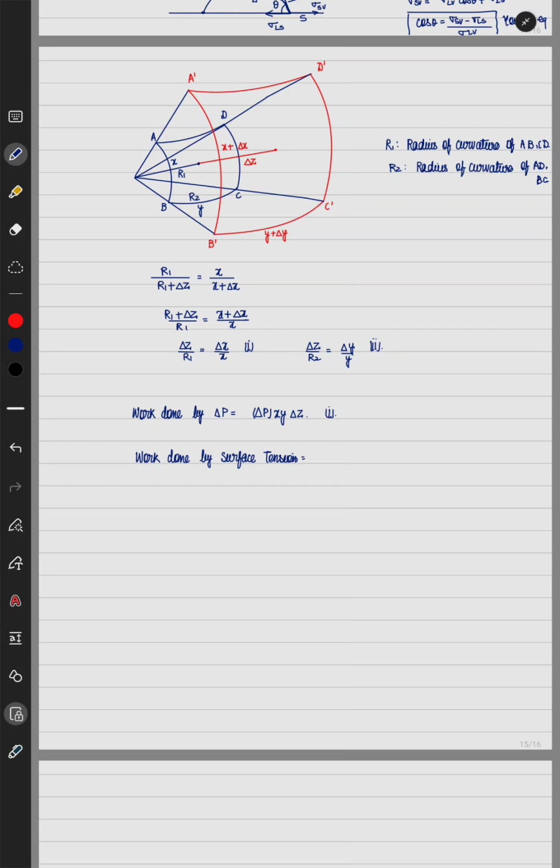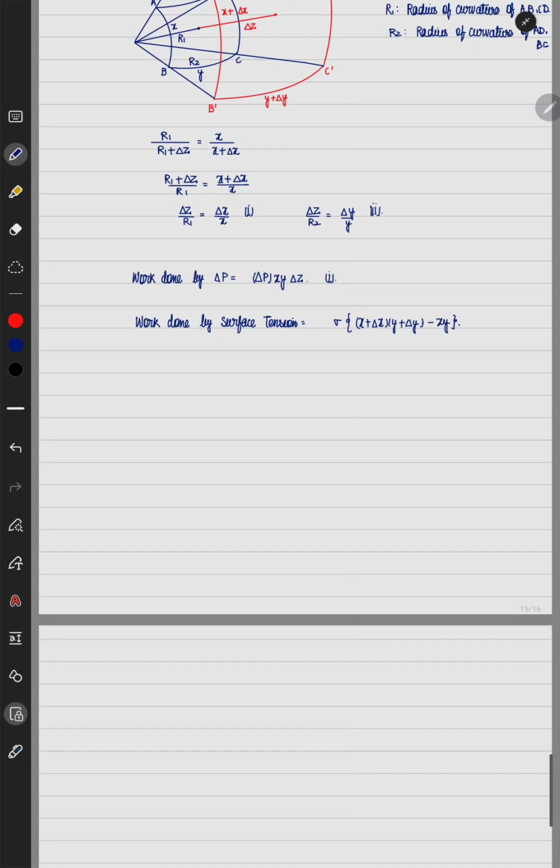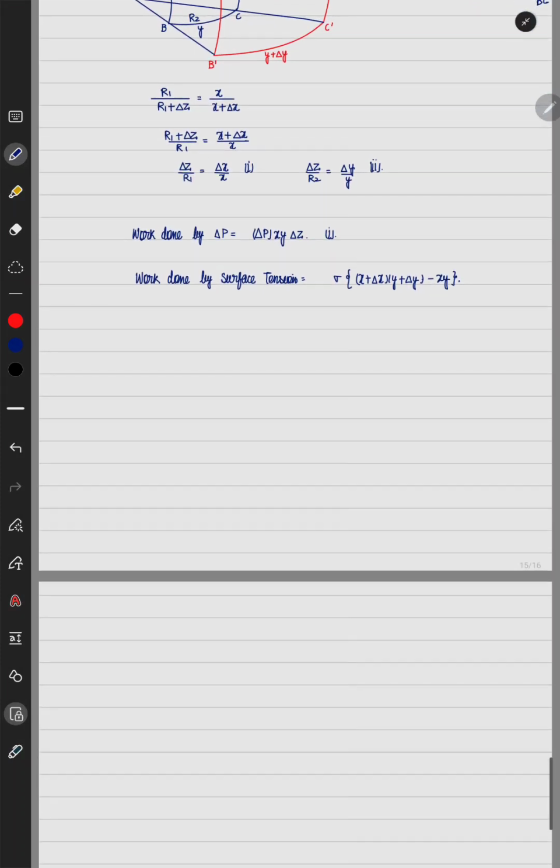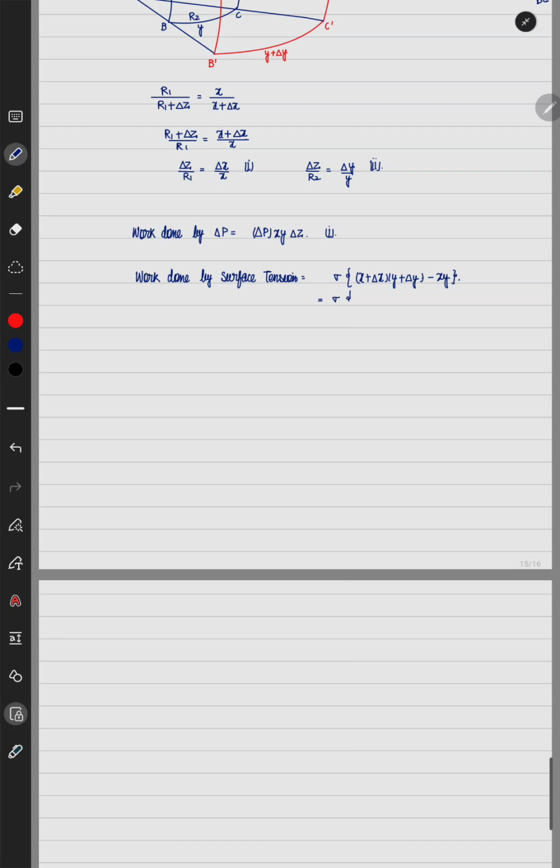Okay, so what I can say, sigma into area is x plus delta x into y plus delta y minus xy. This is the total change in the surface energy associated with these two. Okay, so what I can say, sigma into xy plus x delta y plus y delta x plus delta x delta y minus xy.